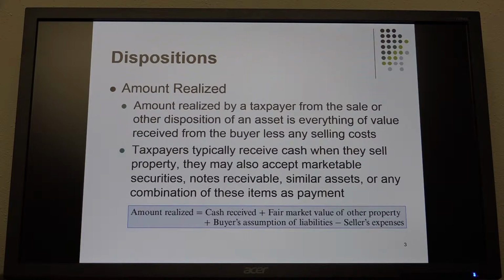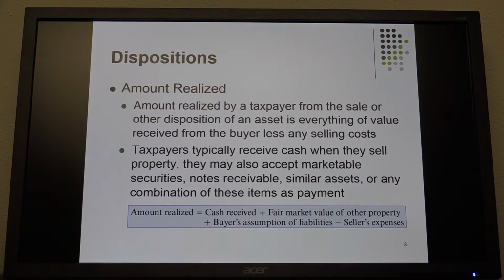And so let's talk first of all about amount realized, because the difference between amount realized minus the adjusted basis of an asset is the amount of gain or loss. Amount realized by a taxpayer from the sale or other disposition of an asset is everything of value from a buyer less any selling cost.